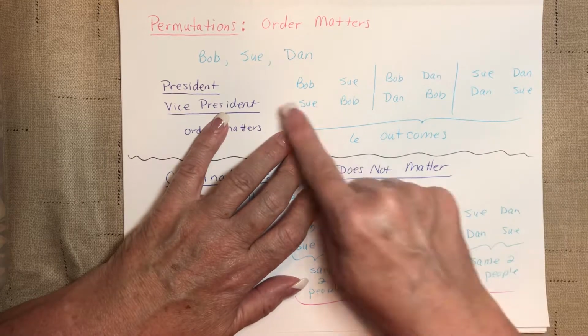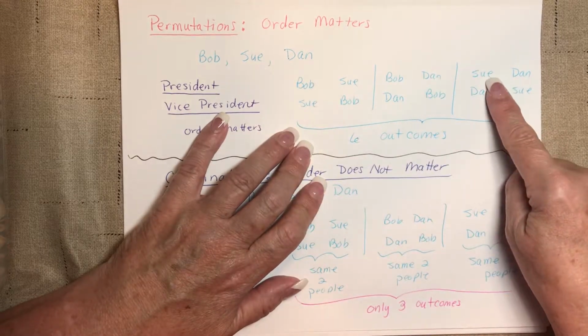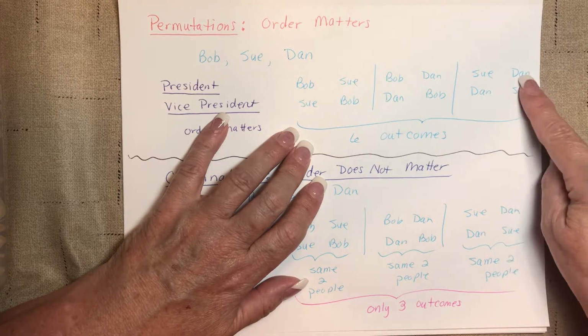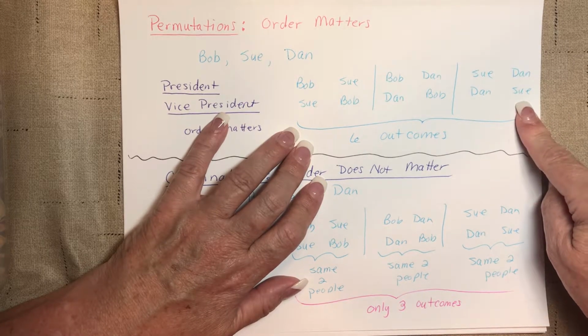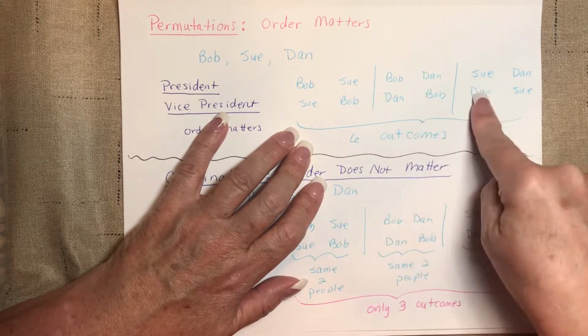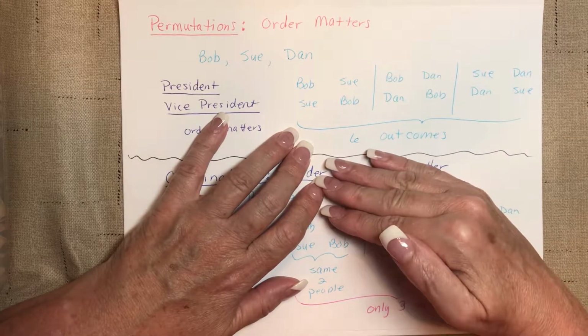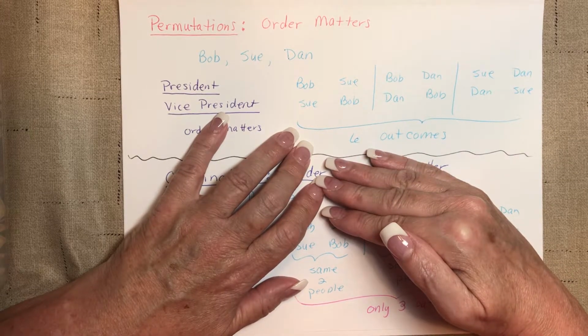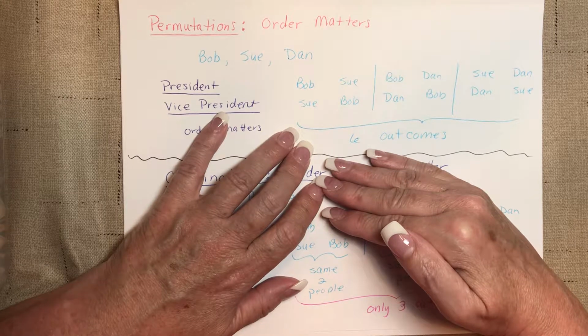And then the last pair is Sue with Dan, so Sue is president, Dan is vice president, or Dan is president and Sue is vice president. That's 1, 2, 3, 4, 5, 6 outcomes because order matters. They're holding very specific positions, so the order in which they do it matters.